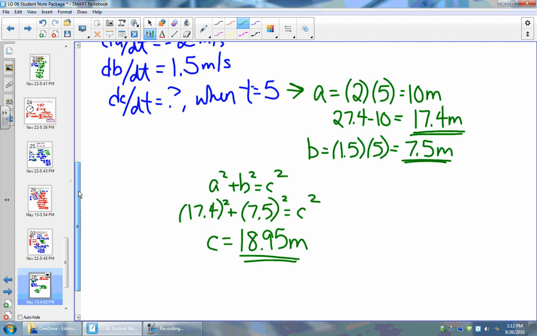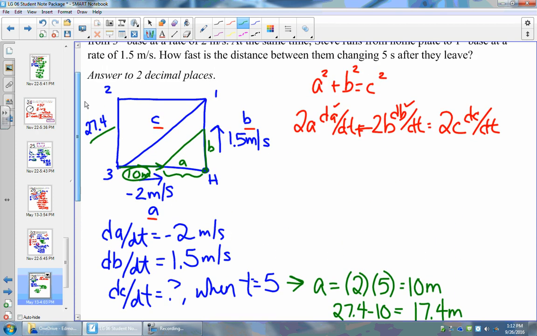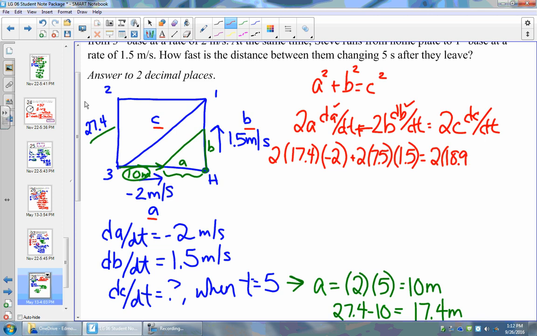And now we can plug into our equation. So let's do that. 2 times A, which is 17.4, dA over dt, which was negative 2, plus 2 times B, which is 7.5, times dB over dt, which was 1.5, equals 2 times 18.95, which we just found, dC over dt, which is what we're solving for.